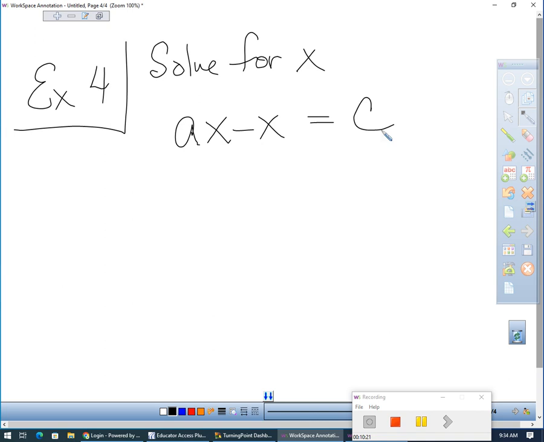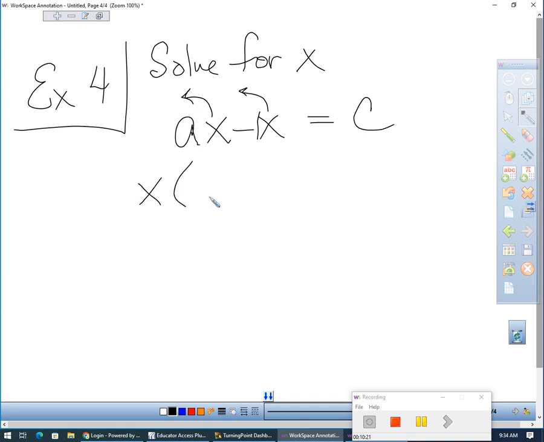We have to take that x out of both those terms and put it in front of a parenthesis. Okay, so I'm going to take the x out of this one and the x out of this one. Now, here's my tricky question. When I take an x out of this one, what is going to be left behind? Oh, 1. Very good. There's a 1 sitting right there, right? So I'm going to put x in front of the parenthesis.